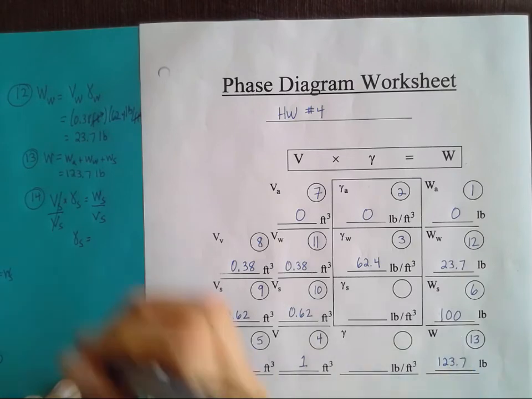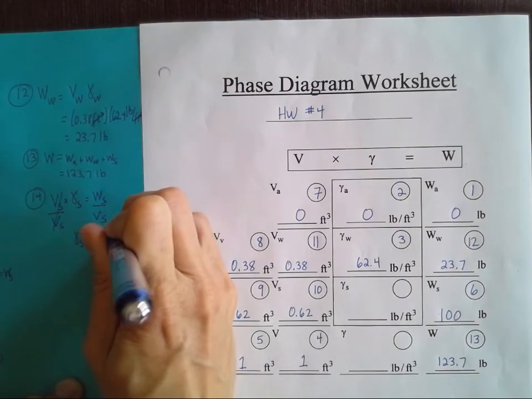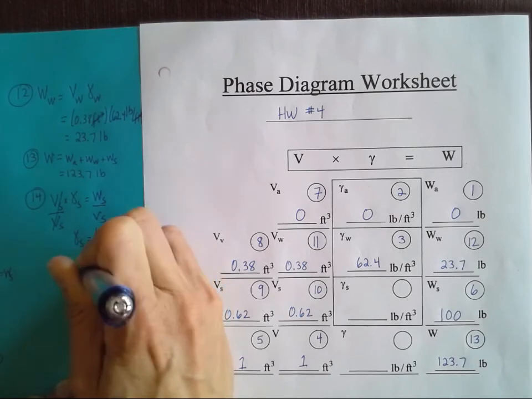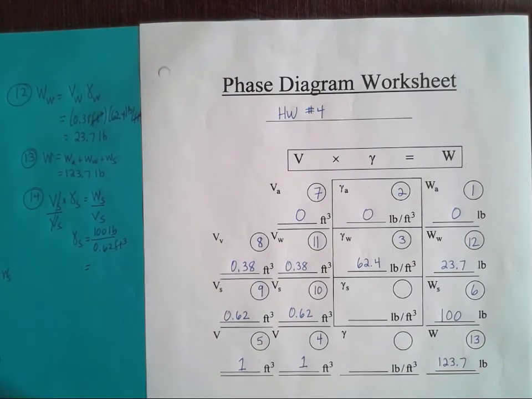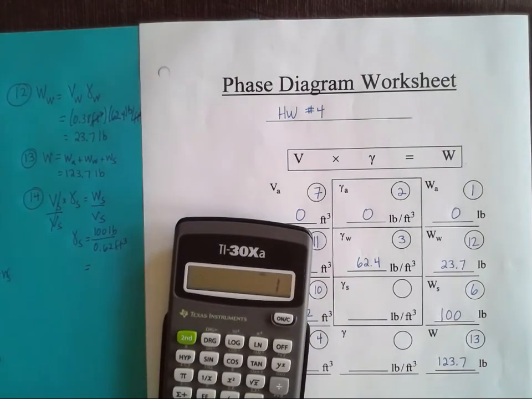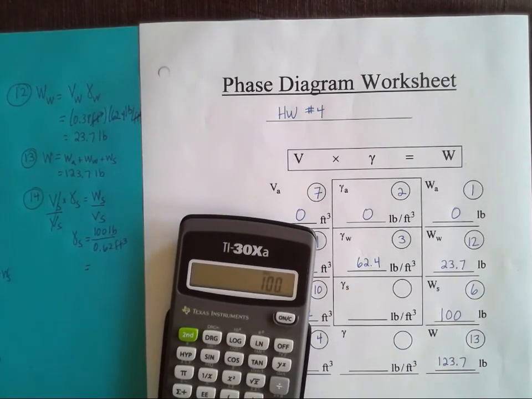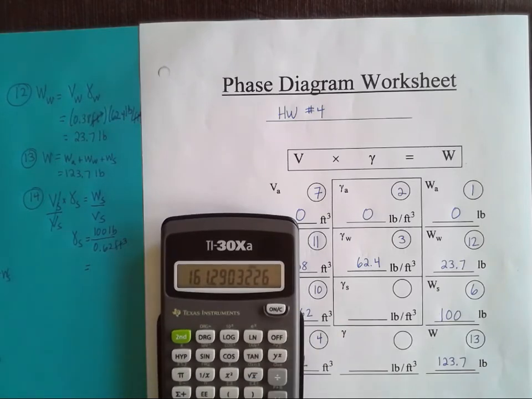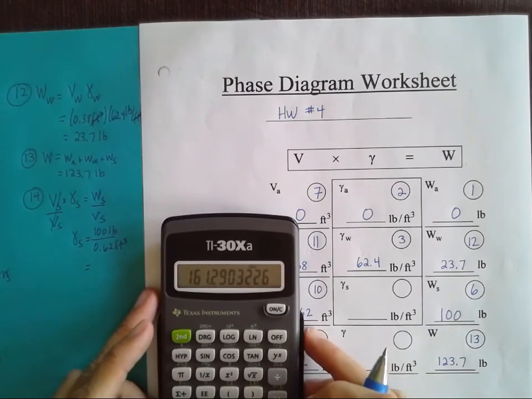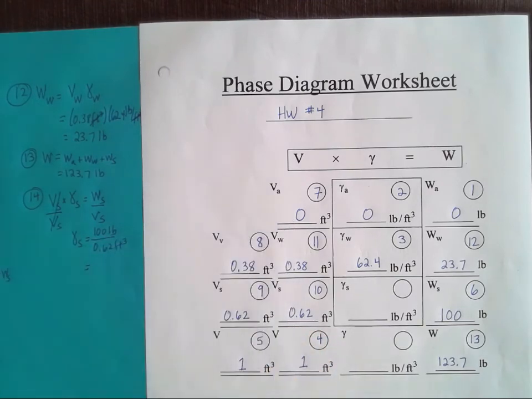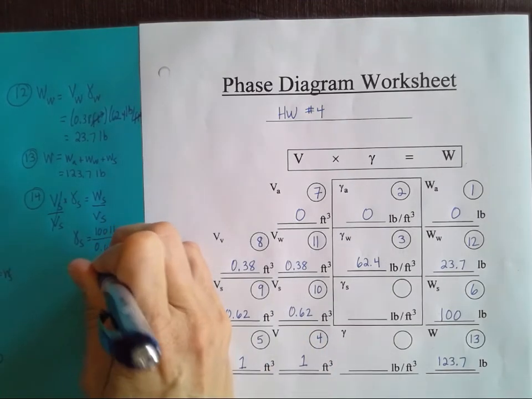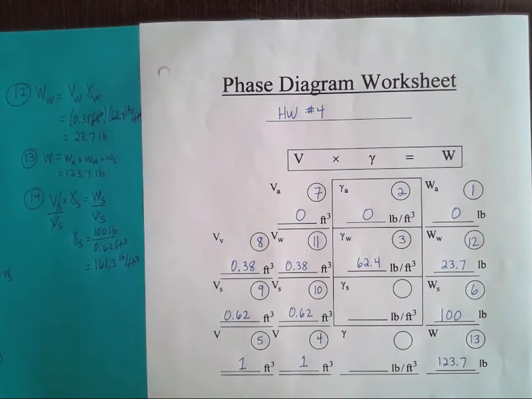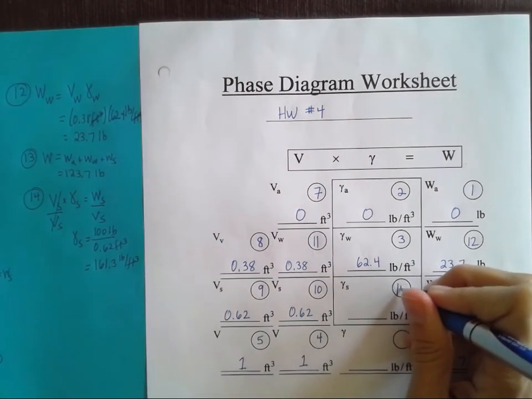So it's 100 pounds divided by 0.62 cubic feet. And when I do that math, 100 divided by 0.62, I get 161, etc., but we're just taking that to one decimal place, so 161.3 pounds per cubic foot. So I'll put that over here. That's my solids.